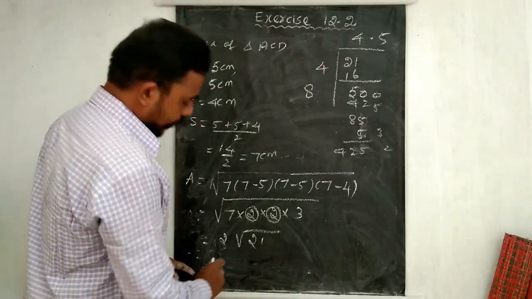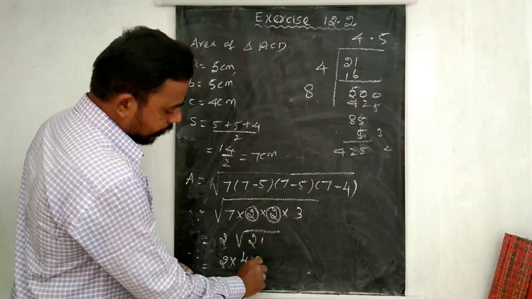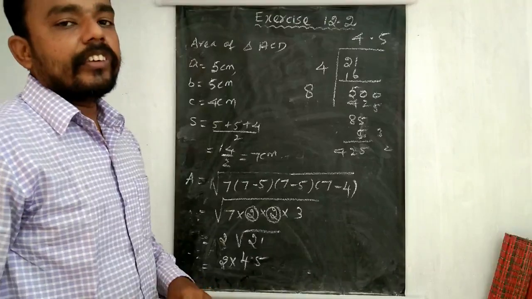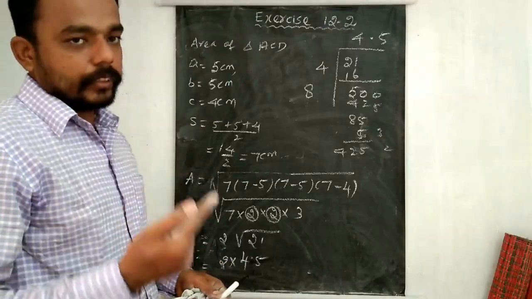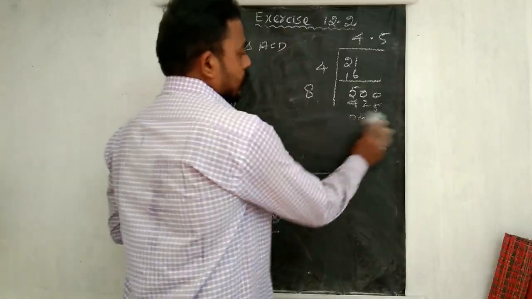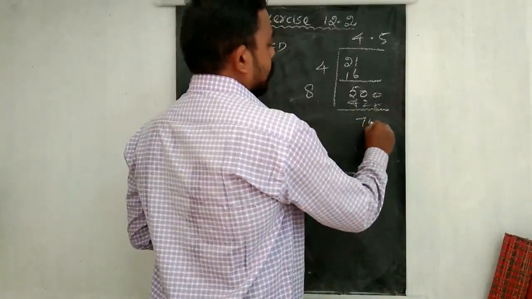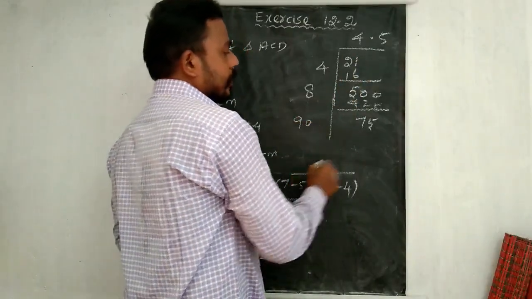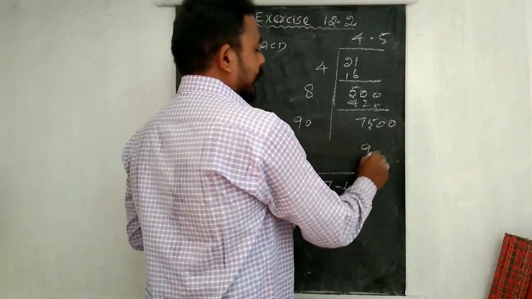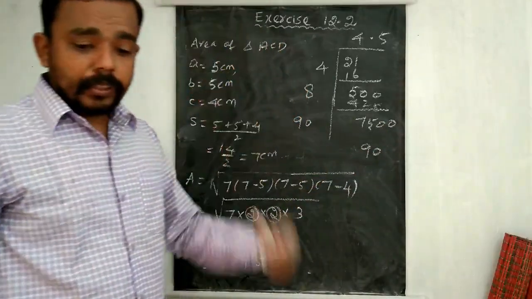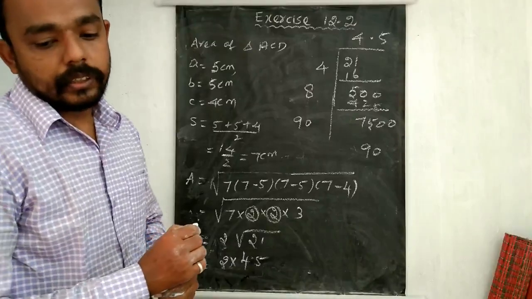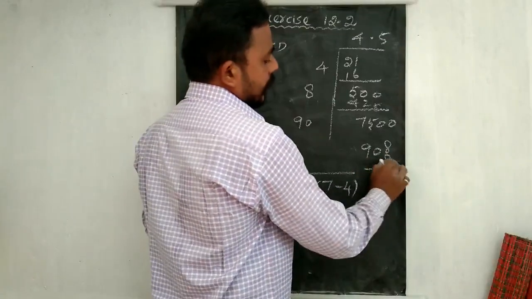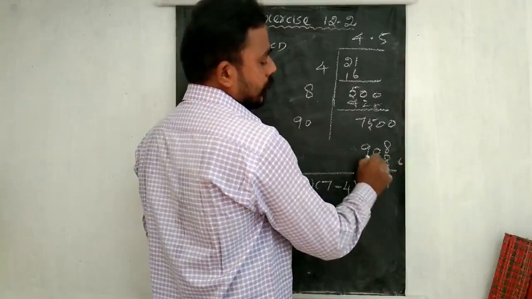So now this one is 4.5, so 2 into 4.5. We can continue to find another number, so remaining 75, double 45 as 90. What number can we introduce here? 8 8s are 64, remaining 6.